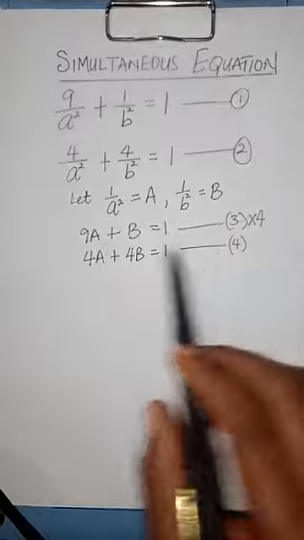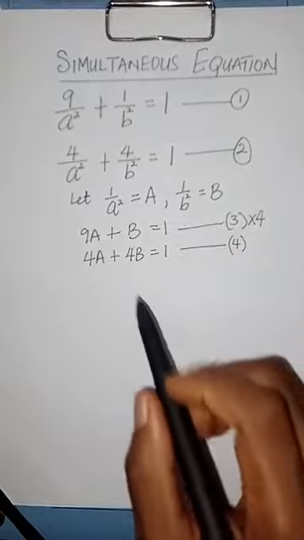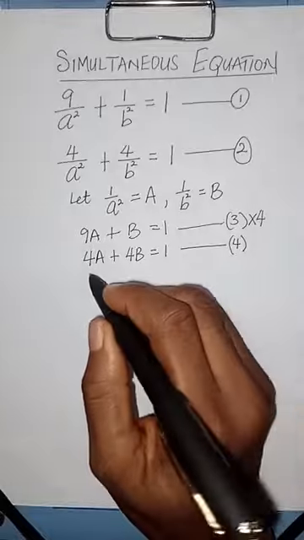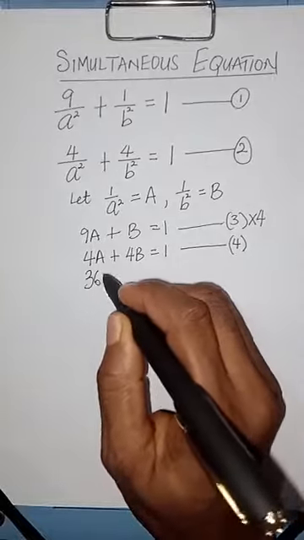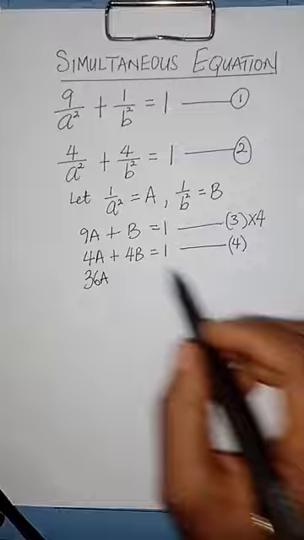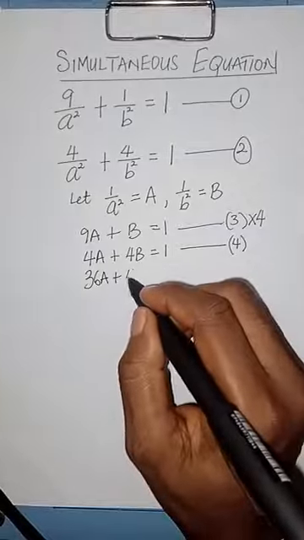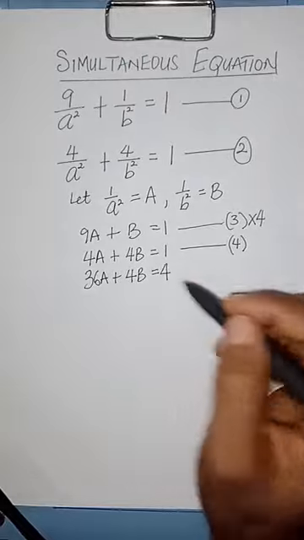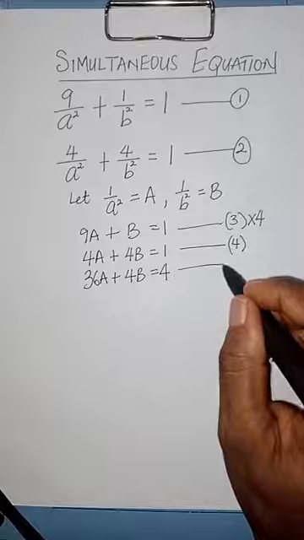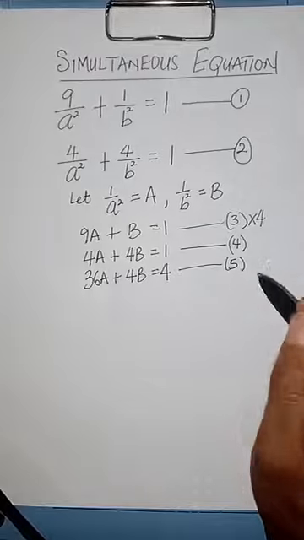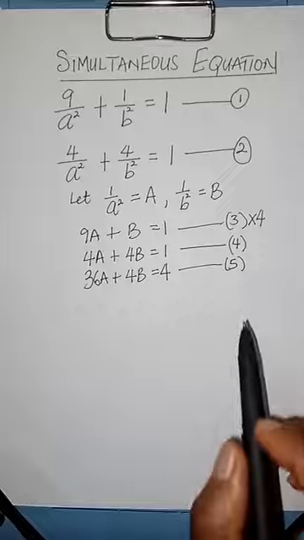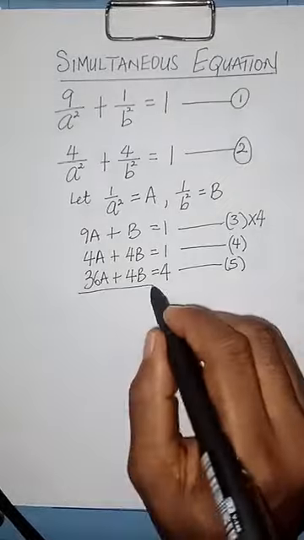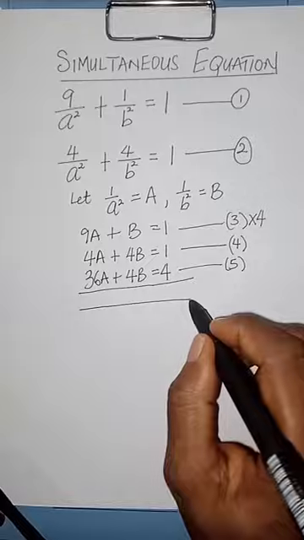So if I multiply equation 3 by 4, I'm going to have 4 times 9, 36A, plus 4 times B, 4B, equals 4 times 1, 4. You can decide to call this equation 5. So I'm going to solve equation 4 and 5 using elimination method.